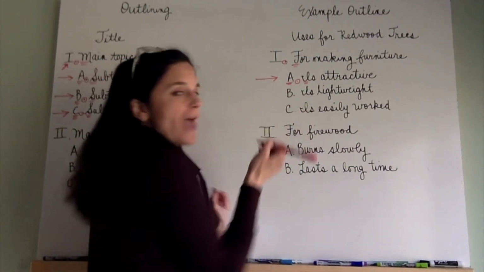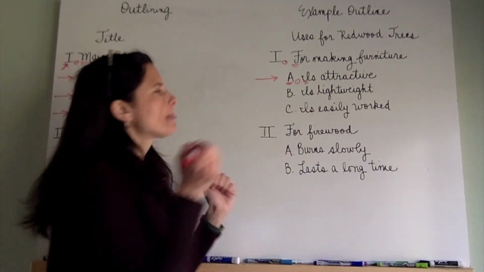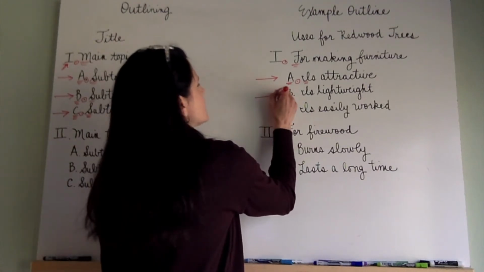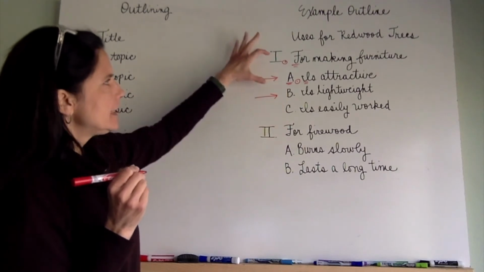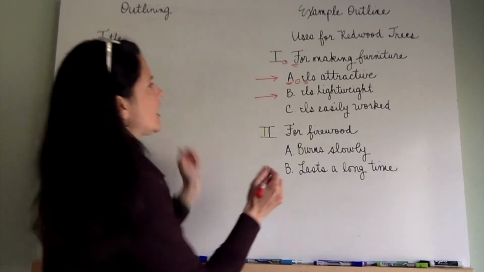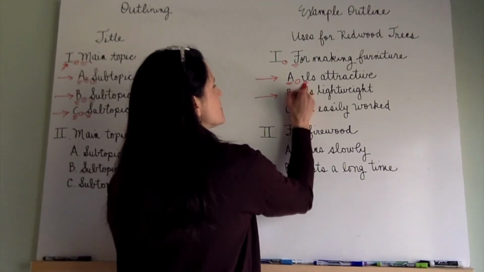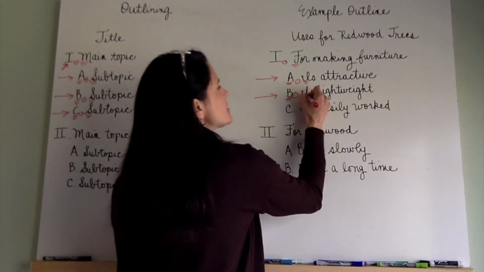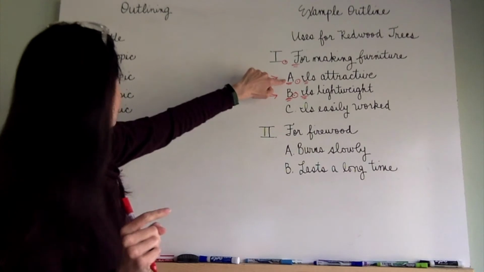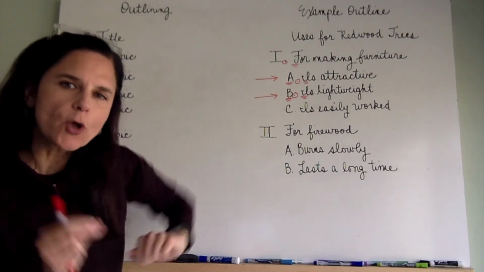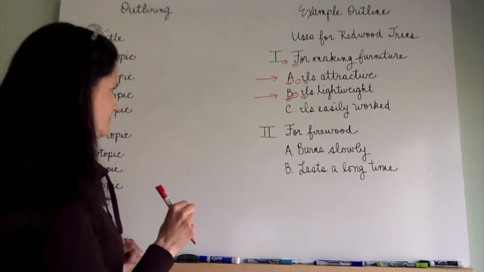Okay, if you have an A, you have to have a B. So, letter B, again, is flush right up under A, indented from the Roman numeral 1. It is capitalized. There's a period after it. The first letter of the first word is capitalized. Now, look here. You may have noticed the subtopics also have to be in parallel form.